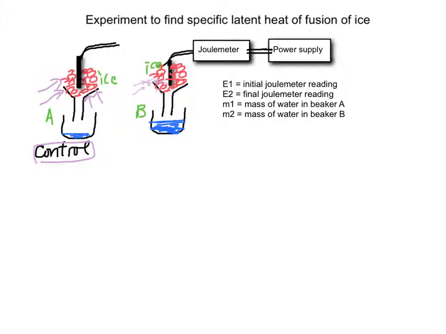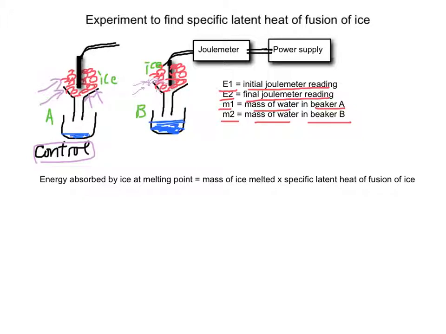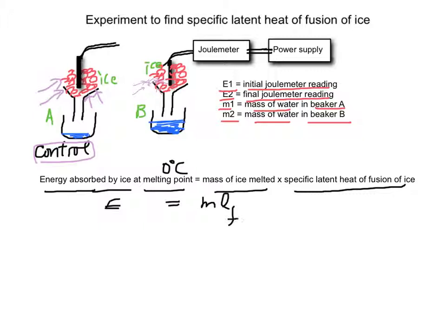Let E1 be the initial joule meter reading, E2 be the final joule meter reading, M1 be the mass of water in beaker A, M2 be the mass of water collected in beaker B. By the equation, the energy absorbed by the ice at its melting point, 0 degrees Celsius, is equal to the mass of ice melted times the specific latent heat of fusion of ice. That is to say, E equals M LF.